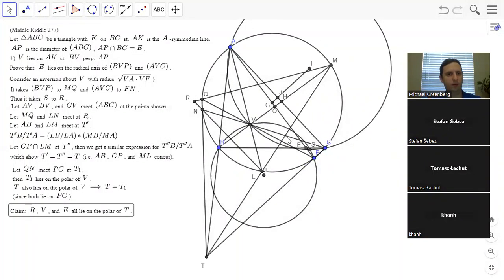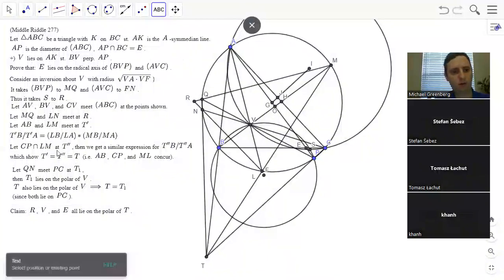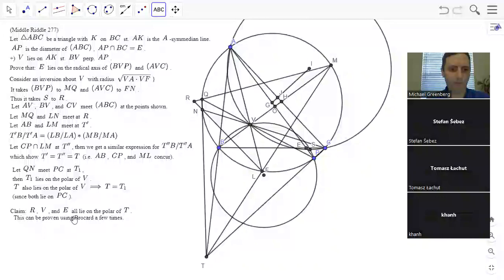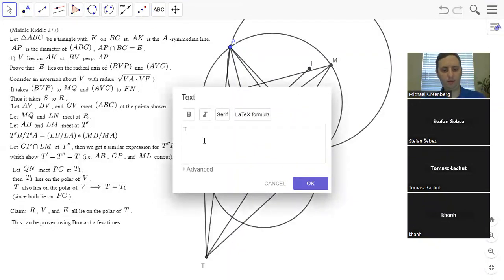You have V and E also lie on the polar of T. So I'll just say this can be proven by using Brocard a couple of times. Use it for NQML, you have R lies on the polar of T. You use it for QNPC, you have it lies on the polar of V.